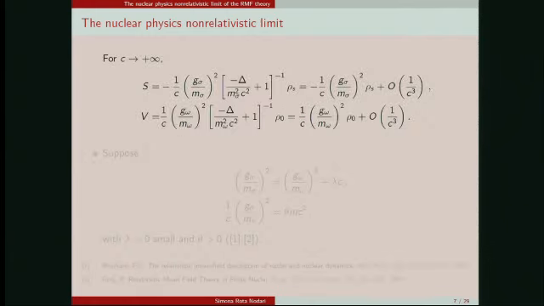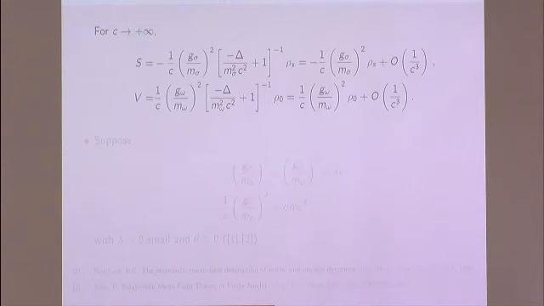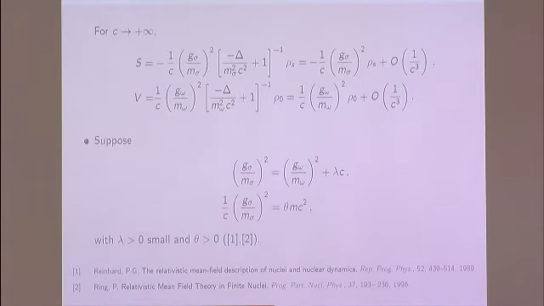Indeed, if c goes to infinity, s and v can be developed in this way. And in particular, s is proportional to the scalar density ρ_s, and v is proportional to the vector density ρ_0. According to the values that we find in the physics literature, we can suppose that the coupling constants g_σ, g_ω and the meson masses m_σ, m_ω behave in this way here. See, for example, the papers of Reinhard and Ring.